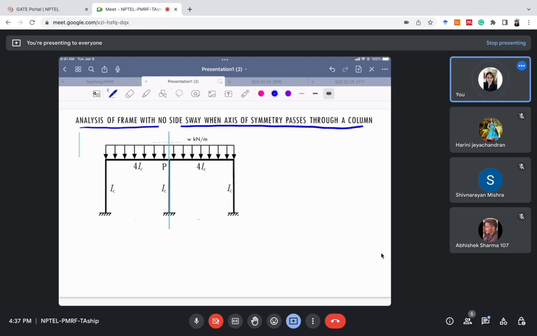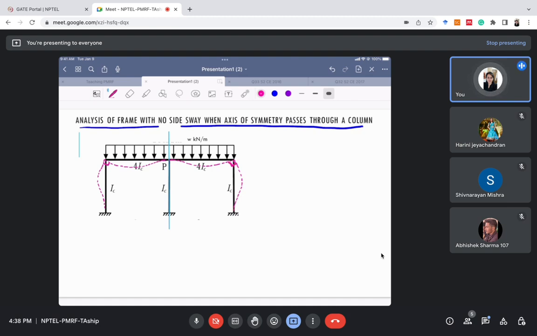So we have this frame. How will this frame deflect? Roughly like this under this loading. This 90-degree angle will be maintained here, and this 90-degree angle is also maintained here.